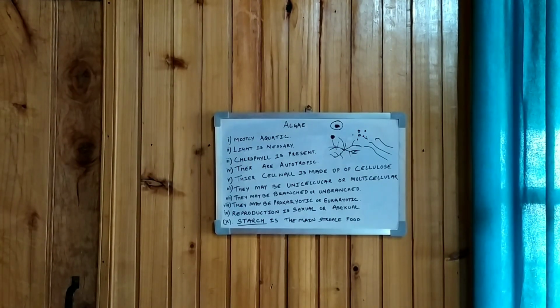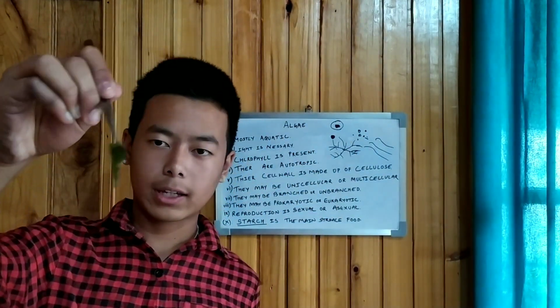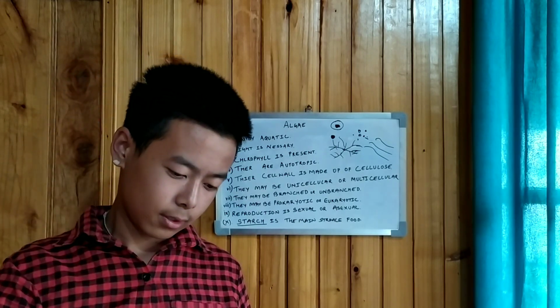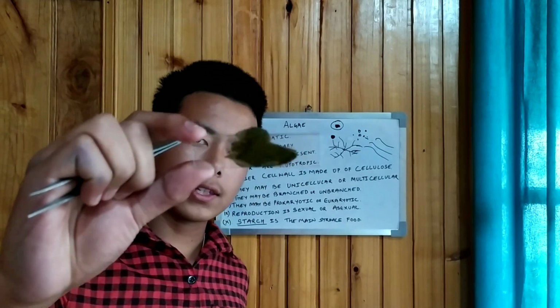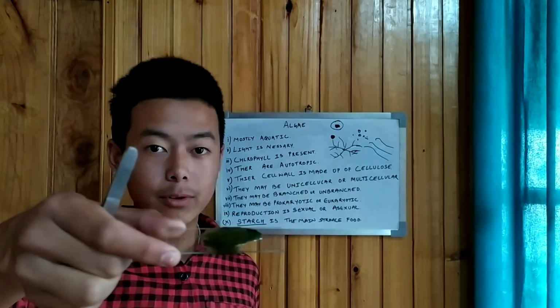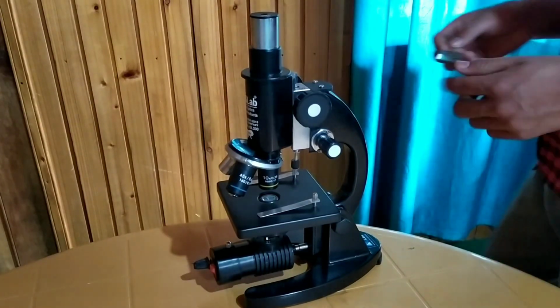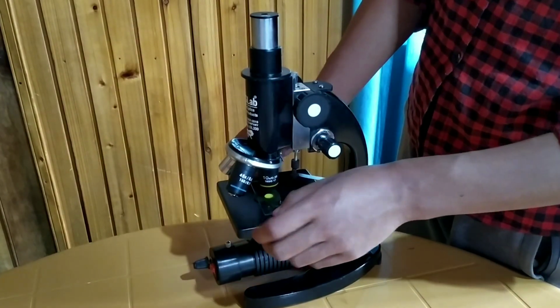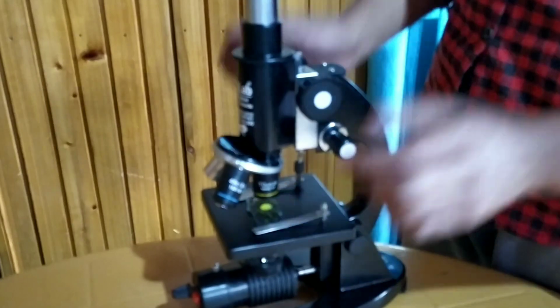This is a piece of algae which I found inside a pipe. Now I'm going to place it on a microscope slide. You all can see. Now it's time to zoom in. Let's place it, guys. Sorry, the light is already turned on. Now zoom in.